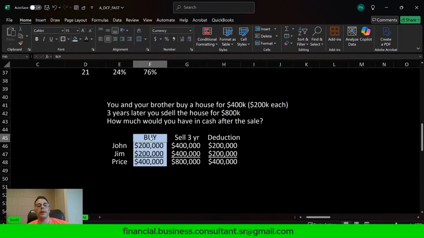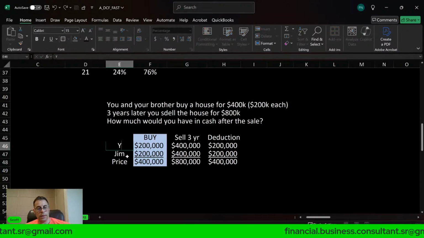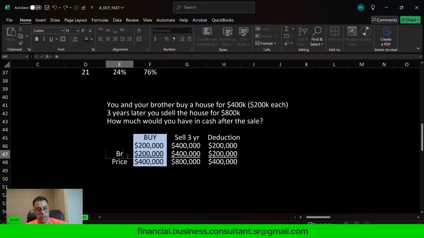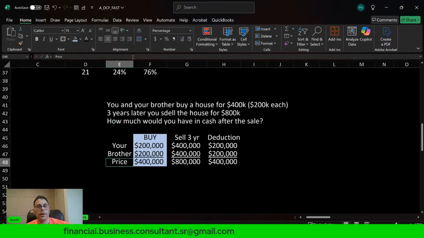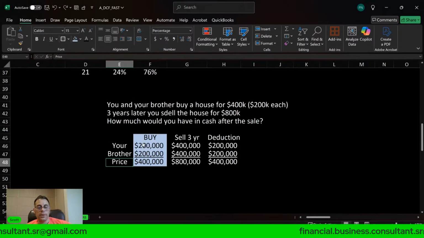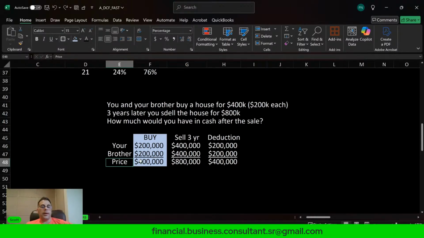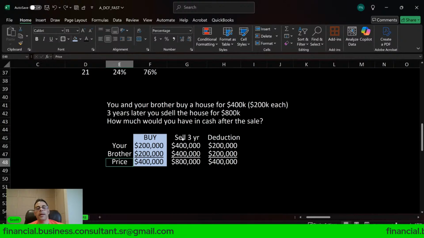So you and your brother want to buy a house together. You find a $400,000 house, you split it, and 3 years later you sell it for $800,000.